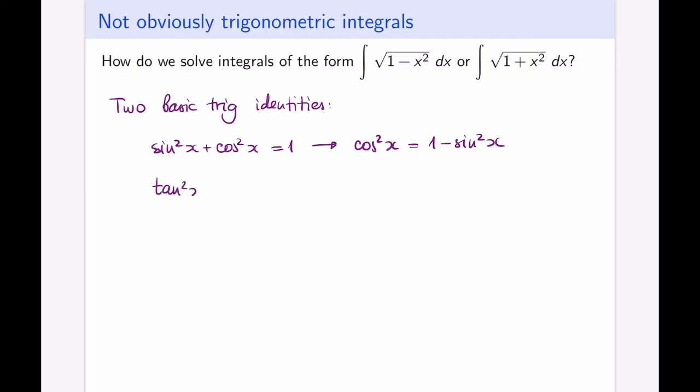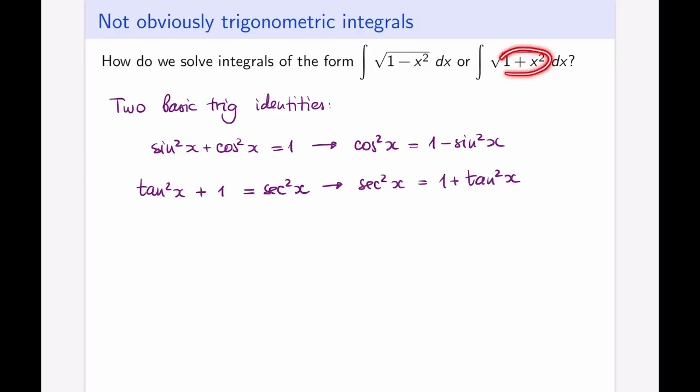So this is how we get to our second basic trigonometric identity, the fact that tangent squared x plus 1 is equal to secant squared x. I'm going to rewrite this in the most useless form, but just to be consistent with the previous line, I'm simply going to swap left and right sides, and swap the constants too, to align everything to what I have above: secant squared x is equal to 1 plus tangent squared x.